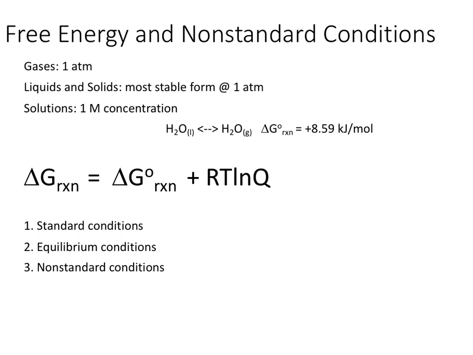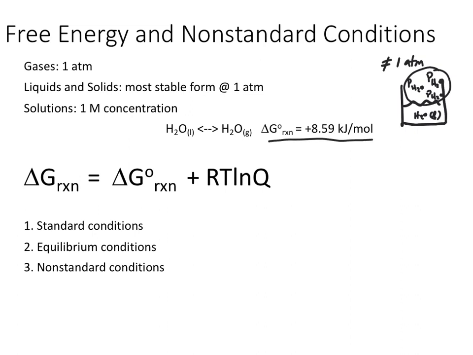But if we think about any glass of water, we're going to have bunches of molecules of gas vapor above the liquid H2O. However, if the pressure associated with these gaseous molecules of H2O does not equal 1 atm, we are not going to be at standard conditions. And if we're not at standard conditions, this value does not apply.